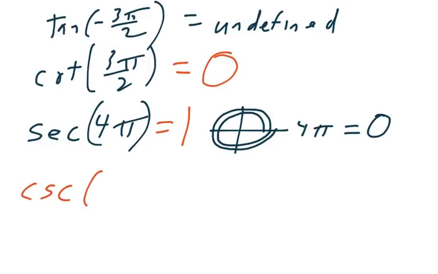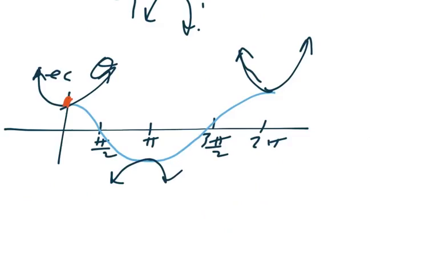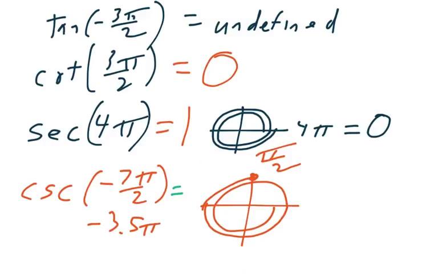And the cosecant of negative 7 pi over 2, which is negative 3.5 pi. There's 2, there's 3, there's 3.5, which means we are at pi over 2. So the cosecant graph at pi over 2 is right there. So my answer here is 1.